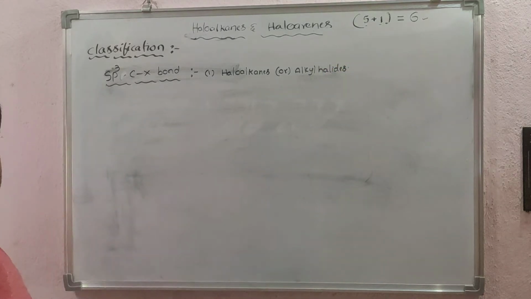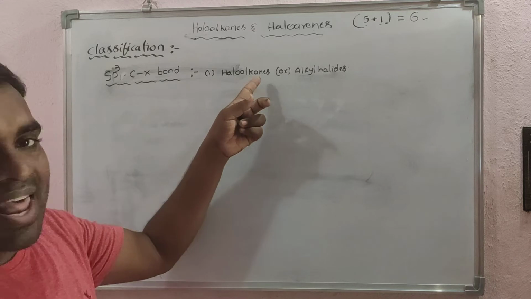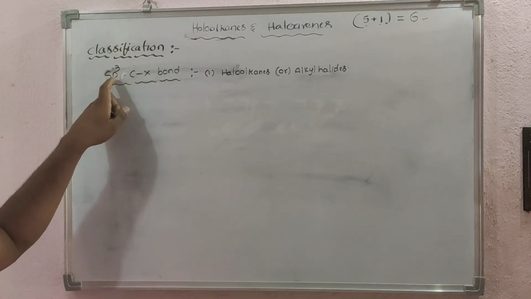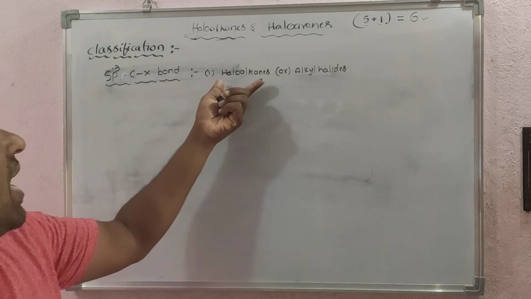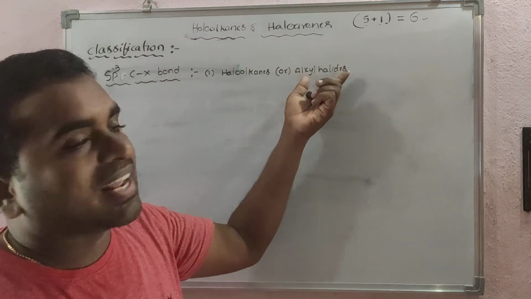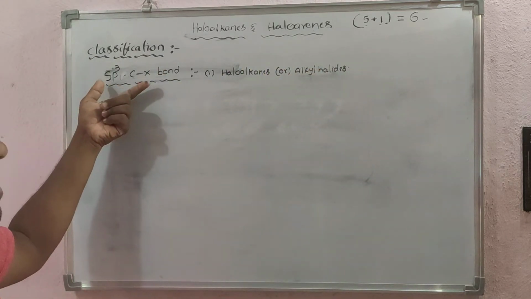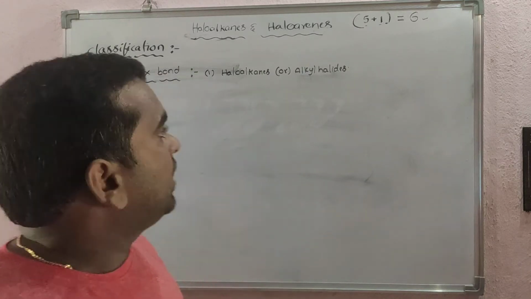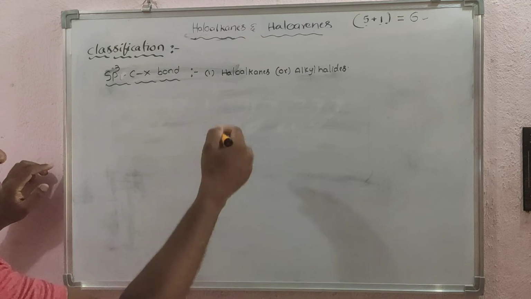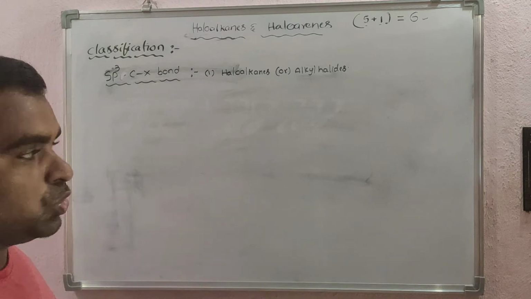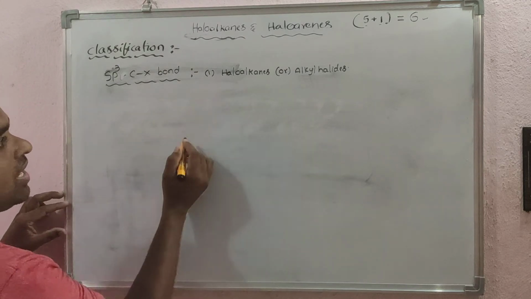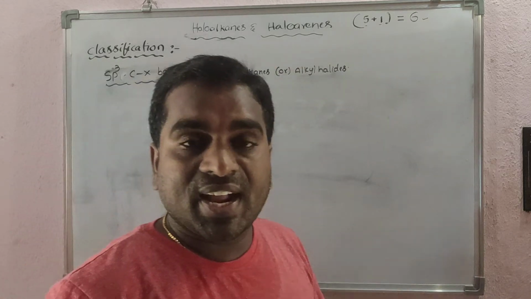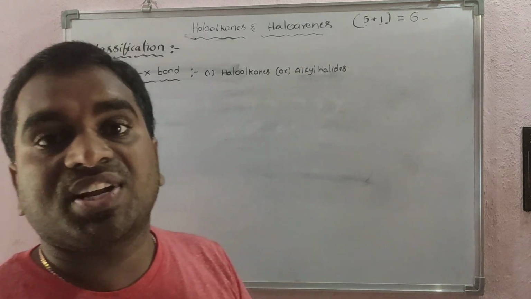In the starting video I have mentioned, in the haloalkanes, the halogen atom is attached to the sp3 carbon. So that's why haloalkanes or alkyl halides come under the sp3 CX bond containing compounds, right? So these compounds are further classified into three categories. What are those? Primary alkyl halides, secondary alkyl halides, and tertiary alkyl halides.